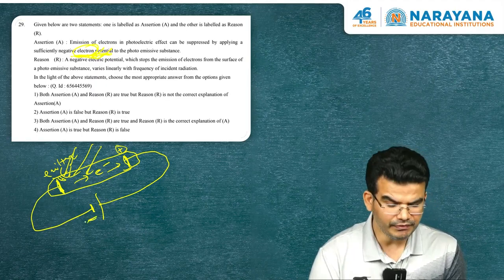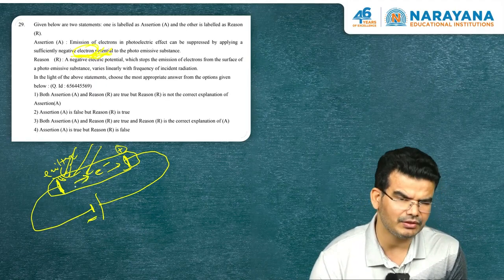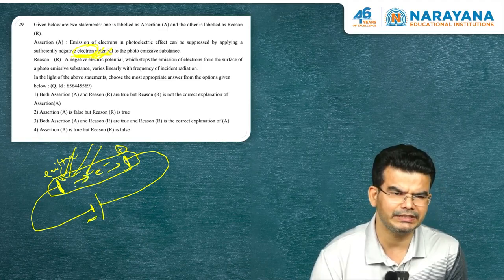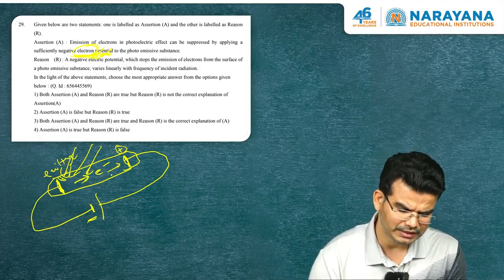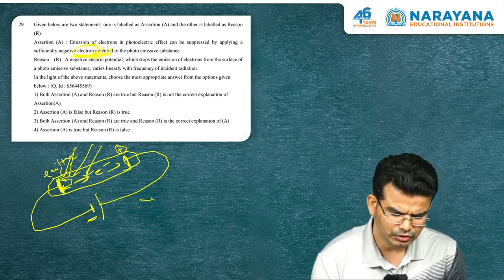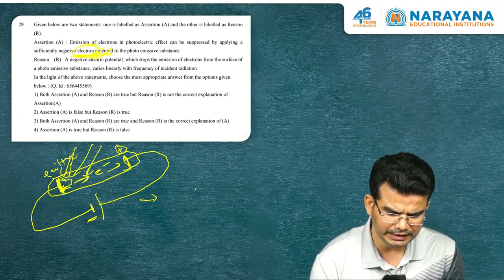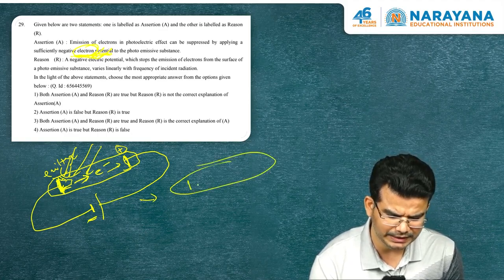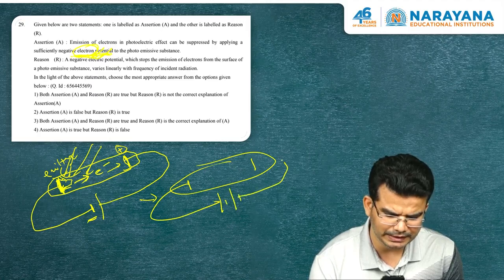Now, if I have to stop this emission of electrons, rather the photocurrent ceases to 0, for that what do I want? I want the electrons to be reabsorbed, for that this emitter terminal must be positive. So, for the stopping potential case, this diagram changes to something like this. In that case, the diagram is like this. This is the exact diagram and this is your stopping potential.